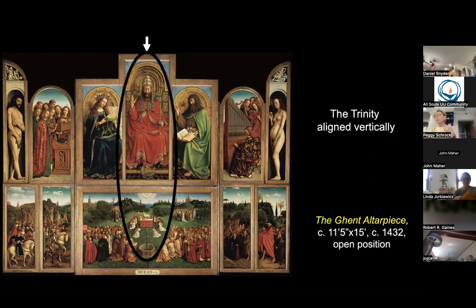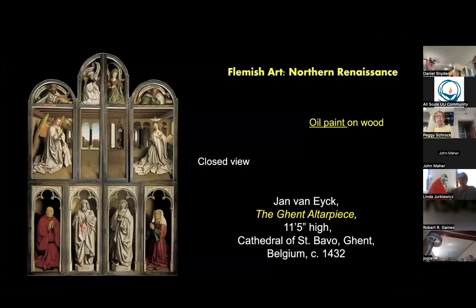Because if you go back to this one, that's the closed view. It opens right down the middle. It splits right down the middle and it's hinged. The second part is on the back, inside this thing.